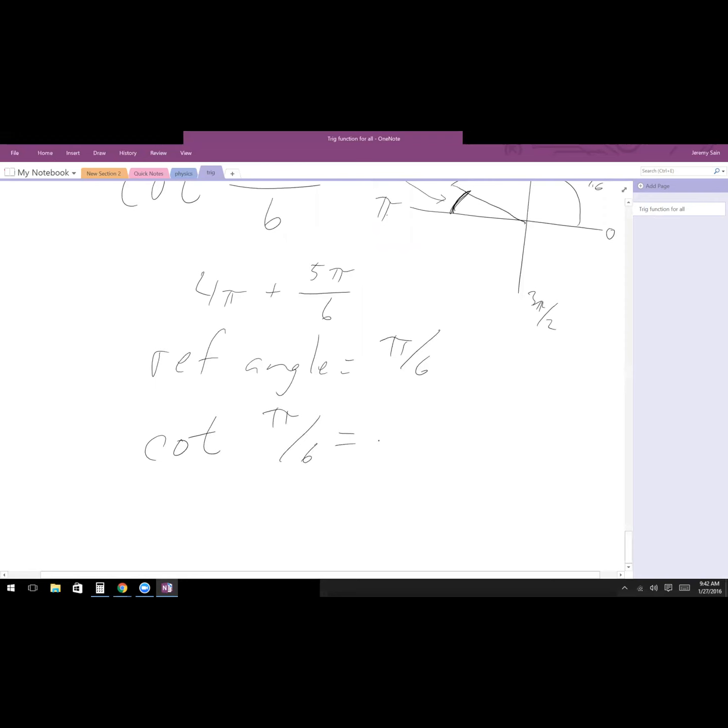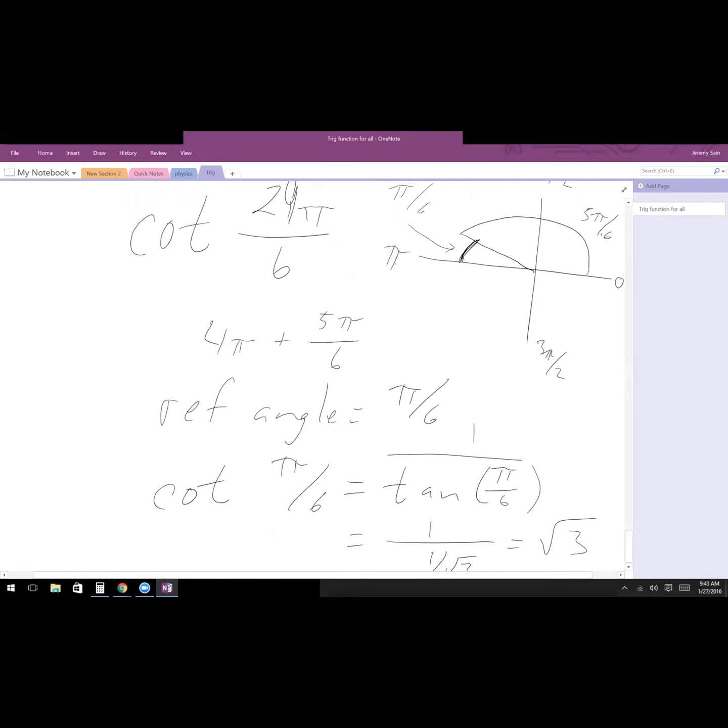So cotangent is just going to be cotangent of pi over 6, which according to our chart is 1 over tangent pi over 6. What does our chart say tangent pi over 6 is? One over root 3. So 1 over 1 over root 3 is root 3.